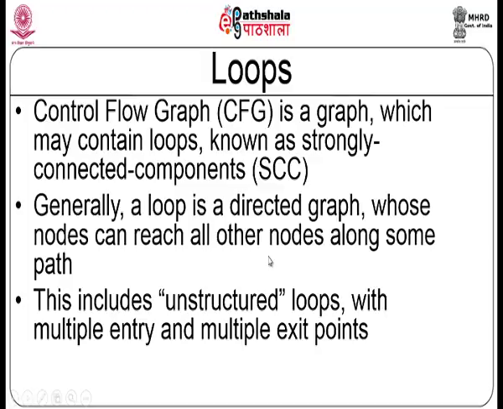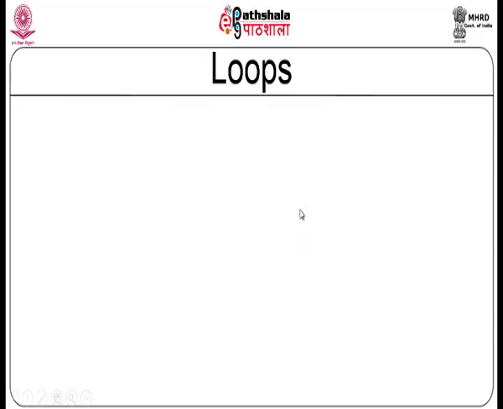This includes unstructured loops with multiple entry and multiple exit points. So your loops can basically be structured or unstructured, with multiple entry and exit or a single entry. Typically you should have a single entry and a single exit point, but there is a possibility of also having multiple entry and multiple exit points.